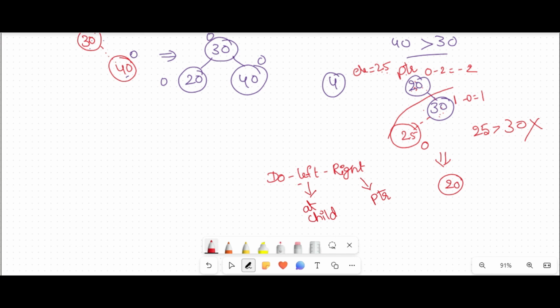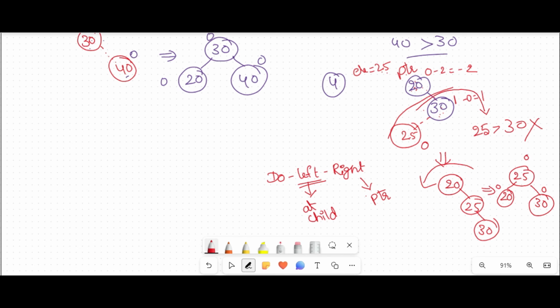Here which rotation do you have to apply? Single right rotation. Move the tree like this, 20, here you will get 25, here you will get 30. And at node PTR, single left rotation. So 25, 20, 30. Of course, this is an AVL tree.